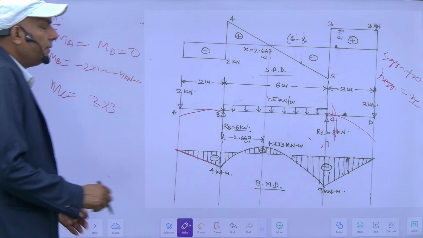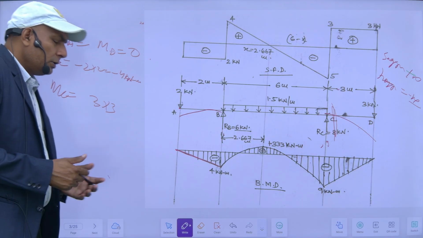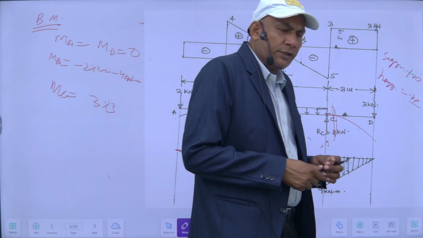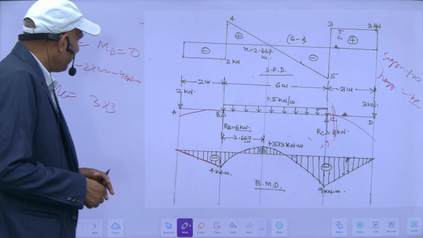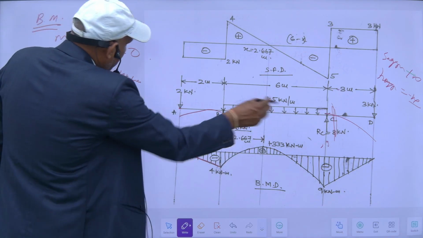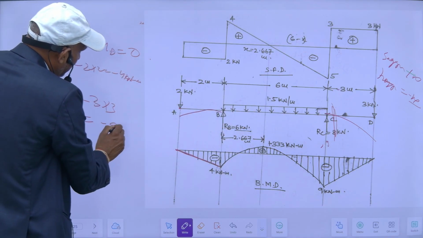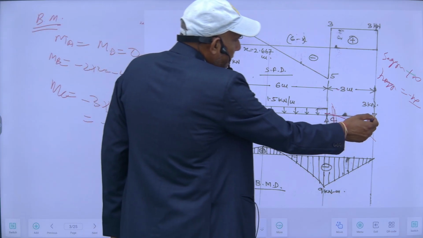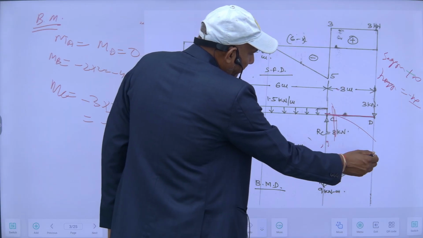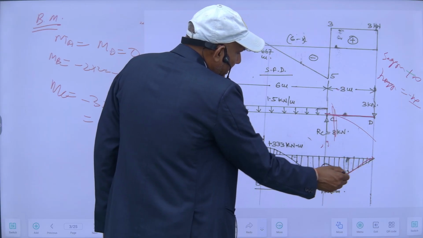This is the sign convention which I have taken. Some of the books follow different sign conventions. This is what I follow, and you can follow this. So this will become 3 into 3, minus 9 kilonewton meter, and this is also due to vertical load, so it will be an inclined line. This is a straight line.